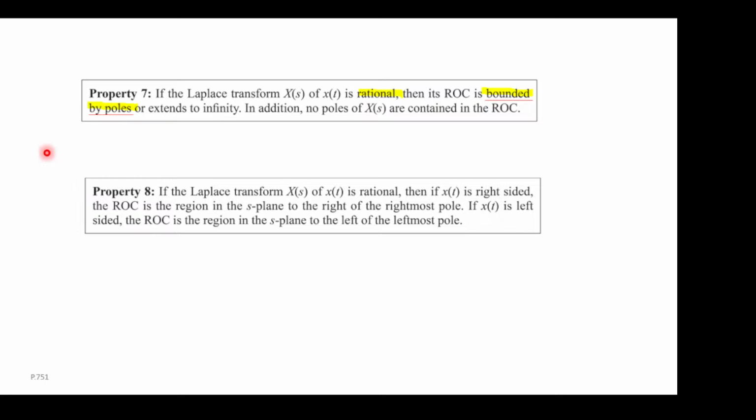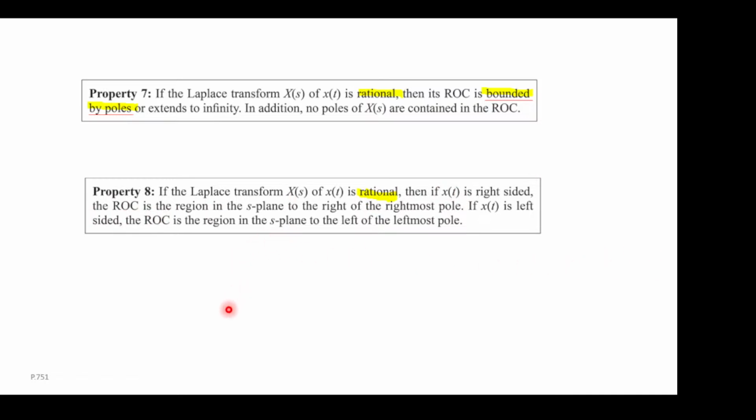Then the next one is really not a new property, it's just combining property 7 with before. It says that if you are a rational function and also right-sided, then obviously your ROC is going to extend to plus infinity.